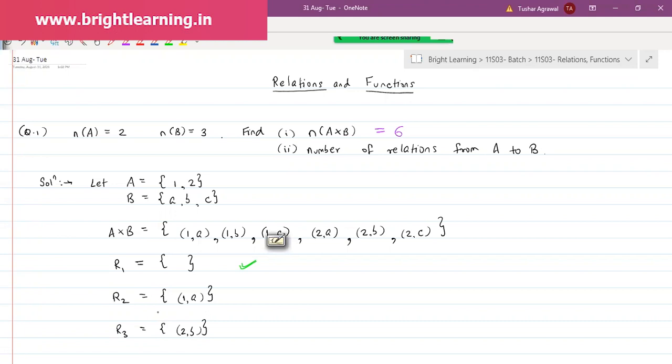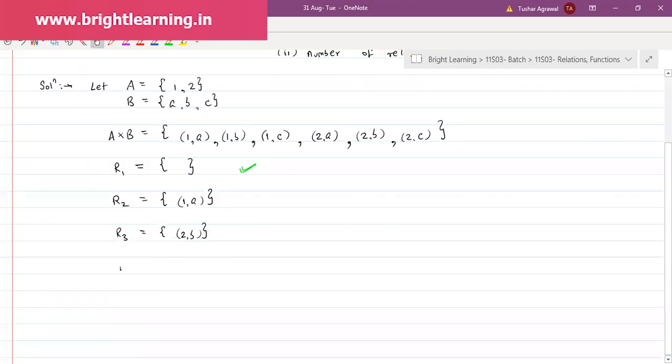Or you could have taken some other combination, let's say a subset consisting of 2 elements, (1, b) and (2, c). And a lot of things are possible. So this is one relation, this is another relation, this is third relation, this is fourth relation, fifth, sixth, and so on.